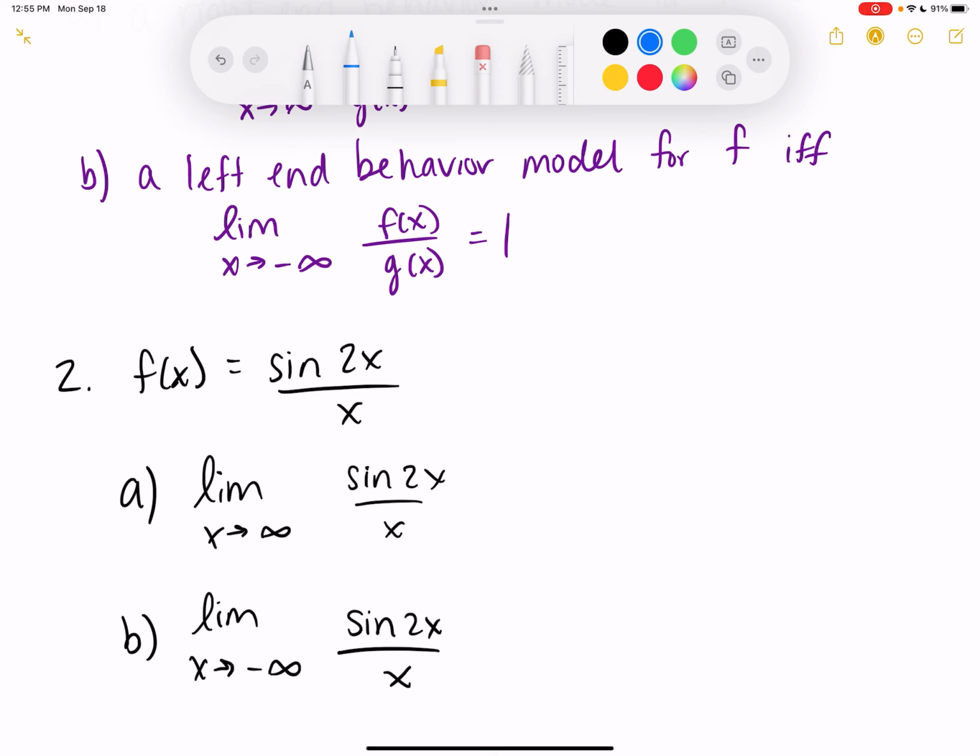Because of how I did it, it might be a little harder to see. But basically, we're trying to look at the graph and say, as x is getting really, really big in the positive direction or really, really small in the negative direction, what's happening to the whole function.